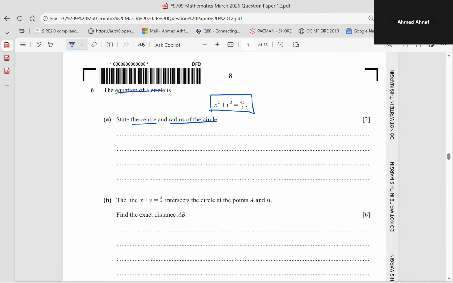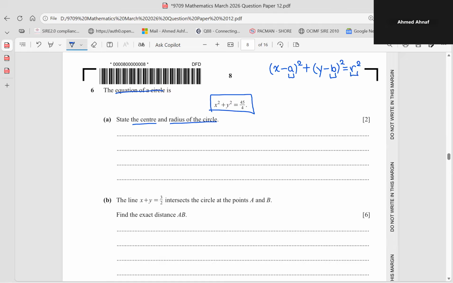To do this, you need to know the general form of the equation of a circle. It's (x minus a) squared plus (y minus b) squared equals r squared. So a is the x coordinate of the center, b is the y coordinate of the center, and r is the radius of the circle.